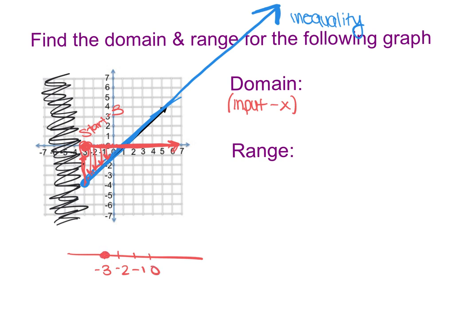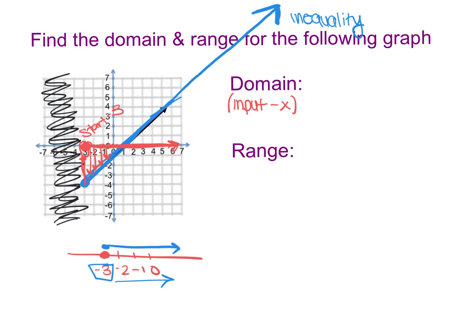I have a closed circle here, and then the graph, I'll do it right up above, is going to the right. And so because of that, the x values that I need start at -3 and then go to the right, which is where x is bigger than -3.